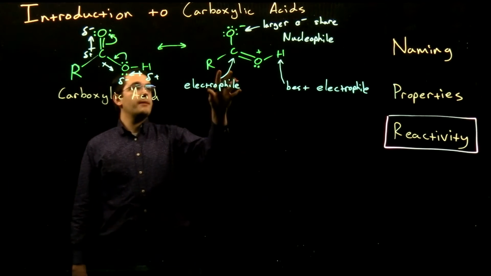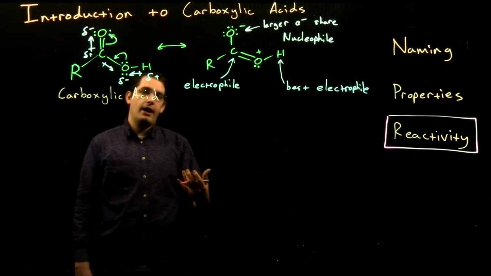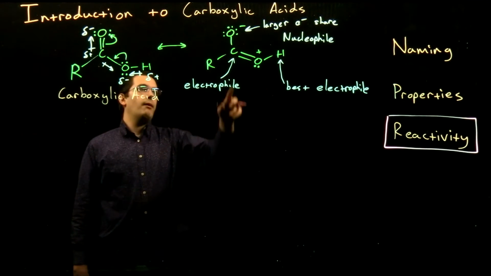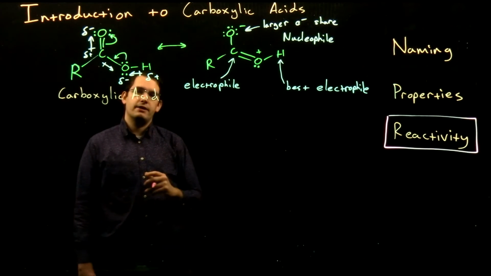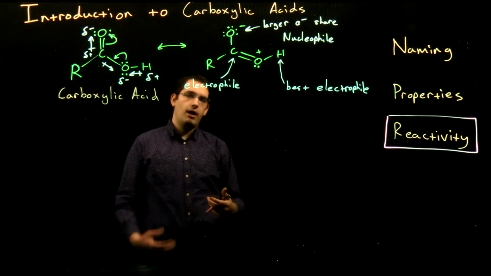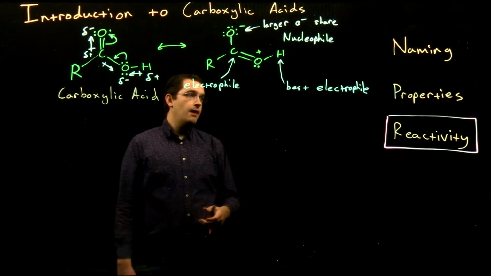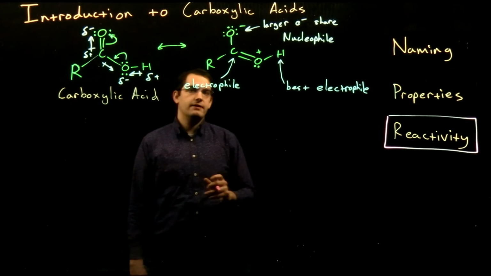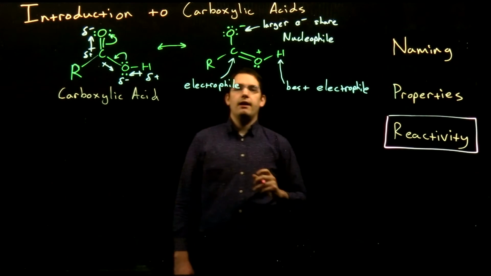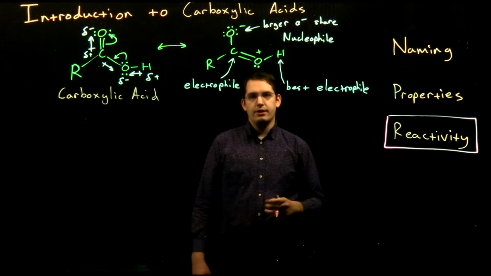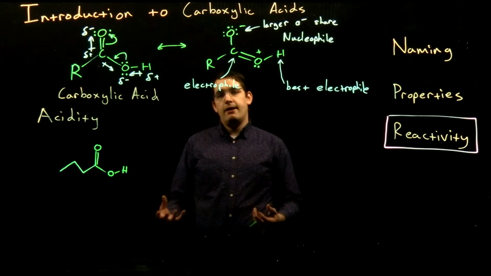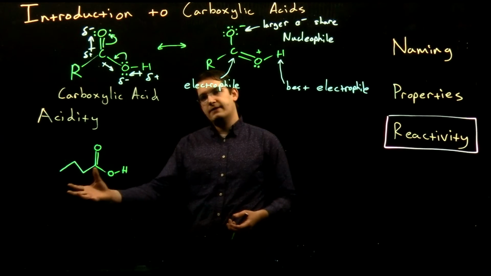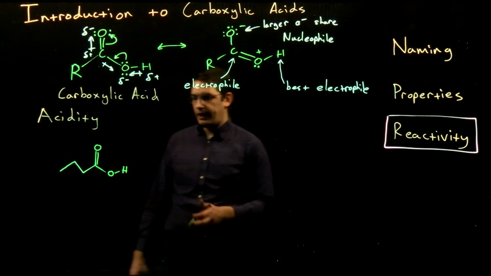So our carboxylic acids will see some similar reactions to our aldehydes and ketones, where we'll have some nucleophilic addition reactions with that carbonyl carbon and carbonyl oxygen. But of course, we'll also see another set of reactions that we focused around that highly electrophilic hydrogen. The electrophilic hydrogen on our carboxylic acid, of course, acts as the basis for the acidity of our carboxylic acid.